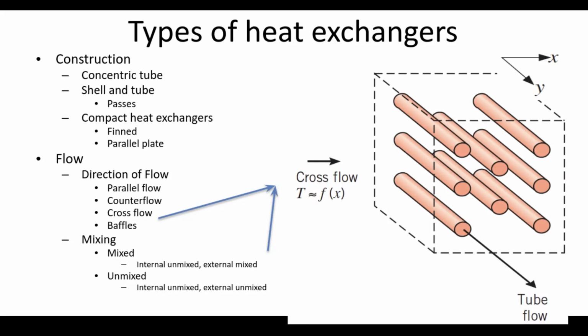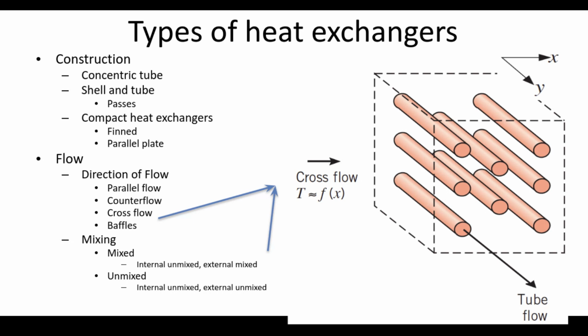So in the ideal case, which is never true, but when you idealize, the air that is coming through can be mixed in this direction. So you assume that the temperature of the air depends on how far it's going down the bank of tubes, but not across the width of the bank of tubes. Okay, that's one, and there will be a formula associated with that.